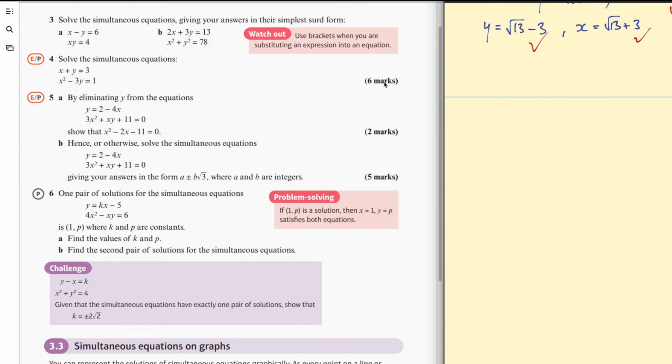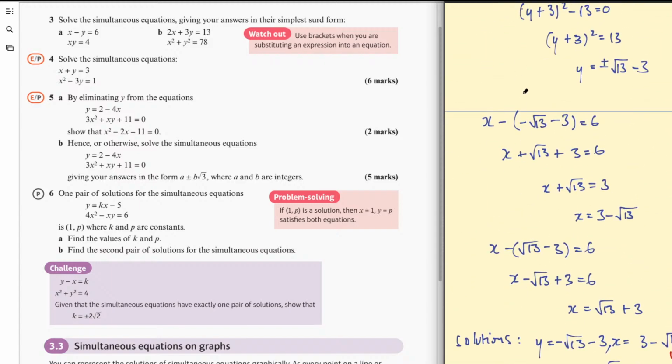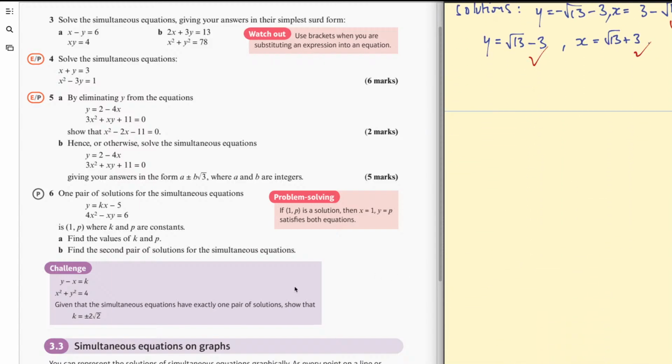I'm curious why that's 6 marks, but I'm going to leave it because it looks just the same as all the others. Question 5, part B is 5 marks, and that has a surd as an answer. So I guess these would be just the same as this example, just maybe slightly more complicated.